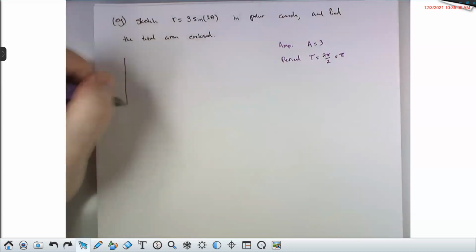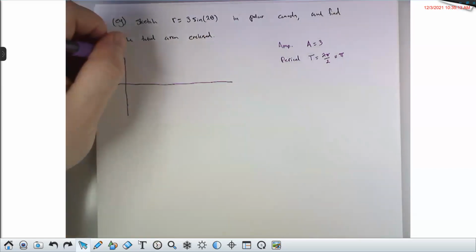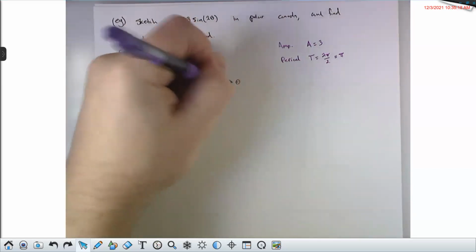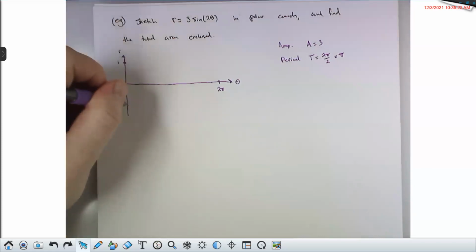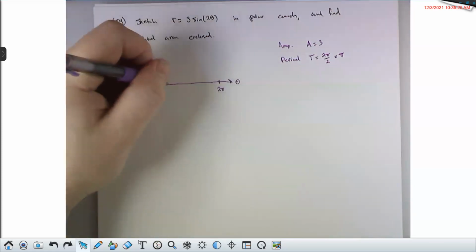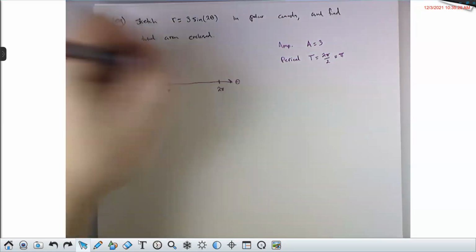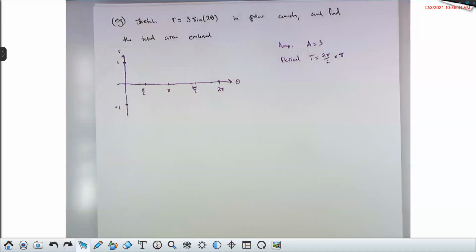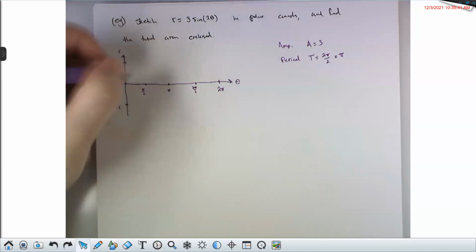So the rectangular graph here, where the vertical axis is r and the horizontal axis is theta. Period is pi, it's a sine wave. We're going to start here. We're going to come through a full cycle by the time we get to pi.